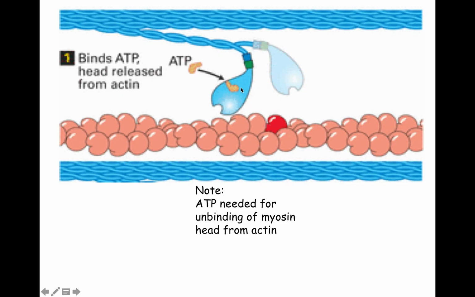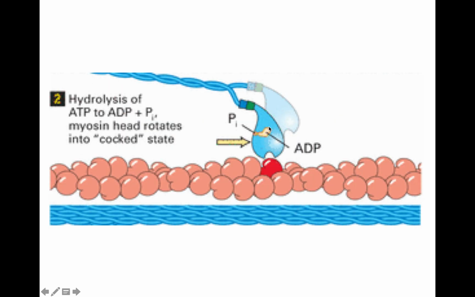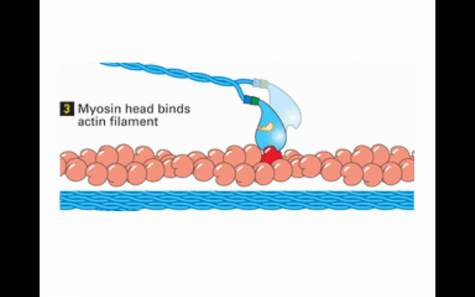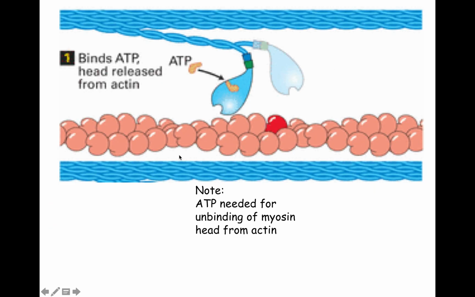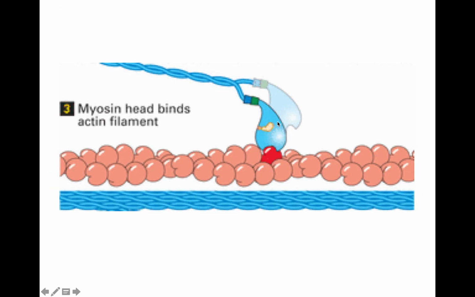So from this position to this position happens after you split that ATP, but again, ADP and P stay bound. Then after it's moved its head forward, it'll bind to a new spot on the actin filament. If you notice here, where it came off is different from where it's going to bind here.